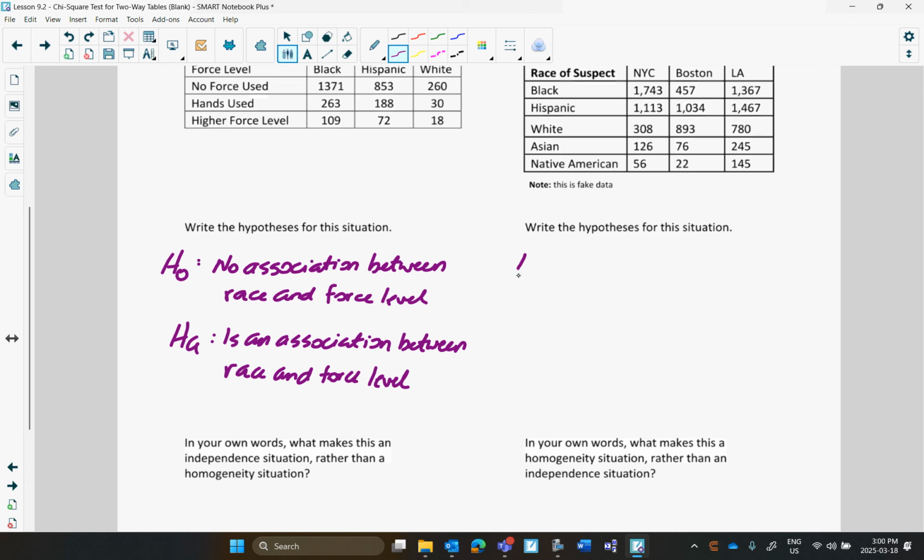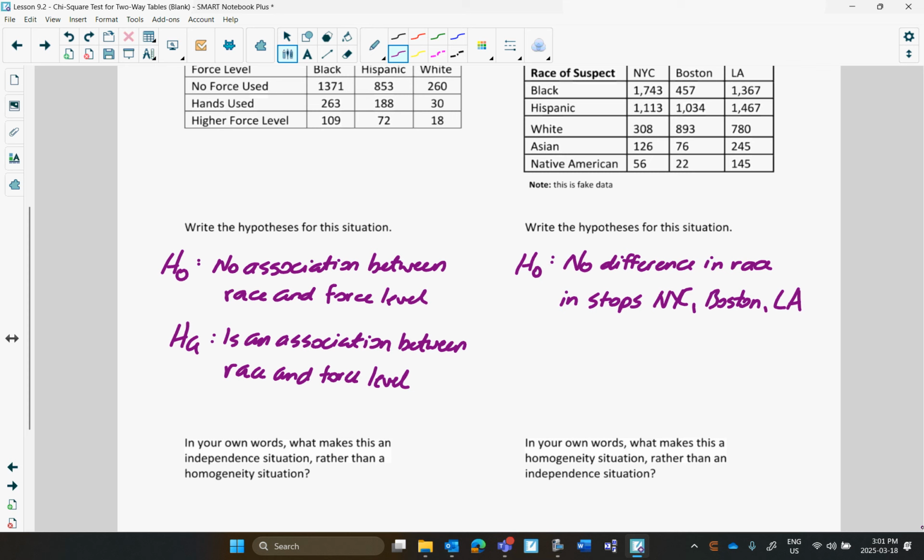That's one. For the other, H0: the only difference in race in stops in NYC, Boston, and LA.